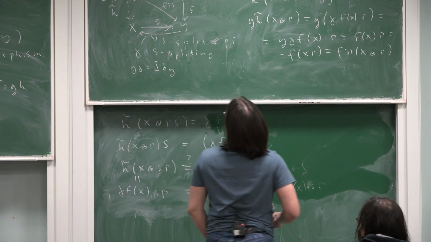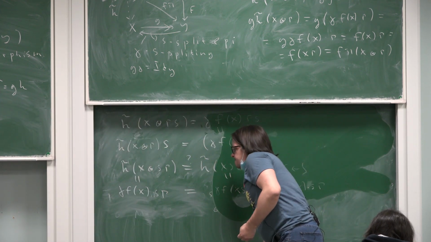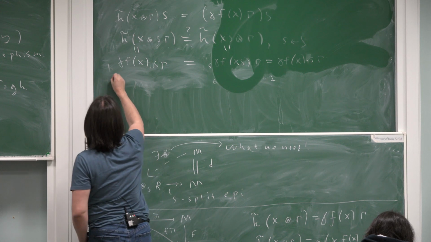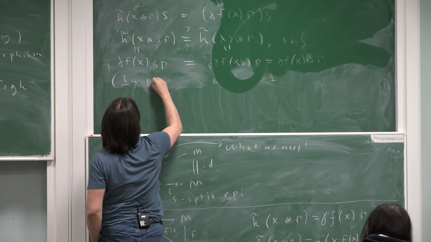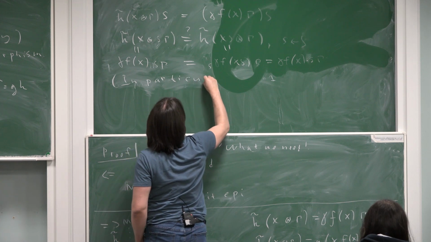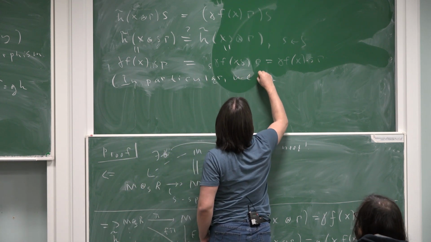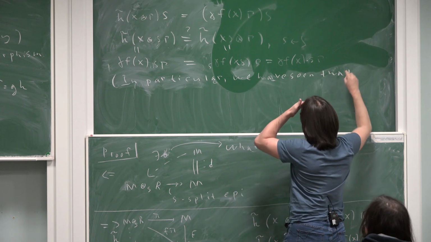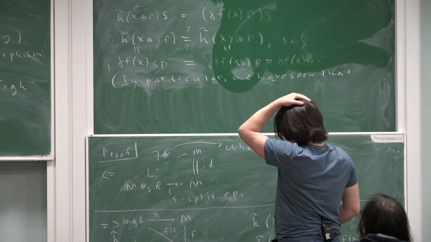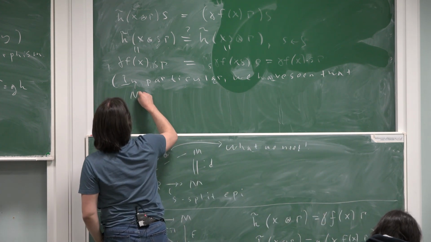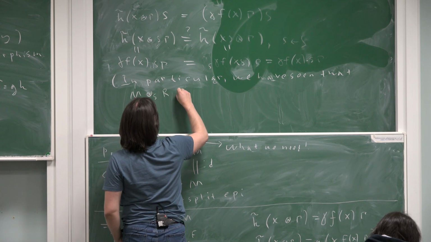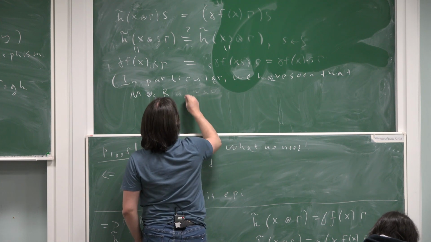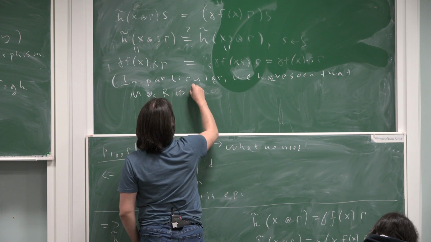Well, so in particular, we have seen that M tensor over S of R is always phi projective.